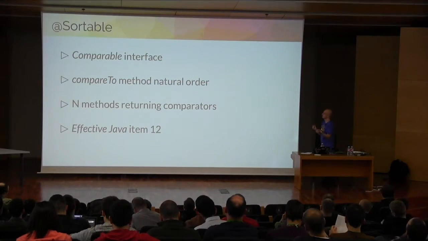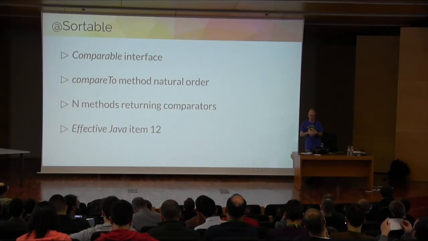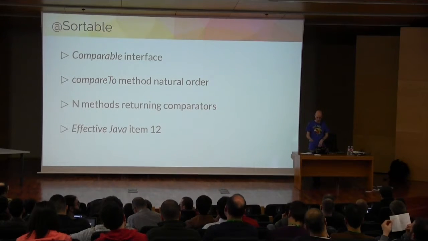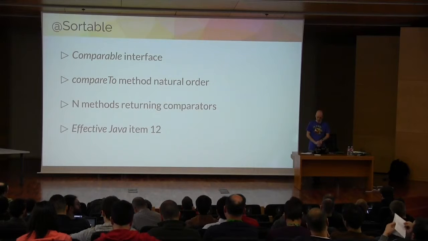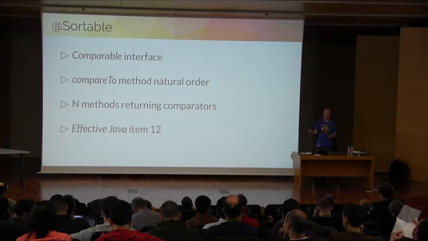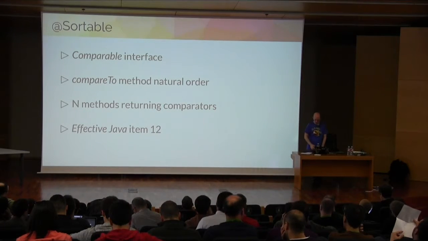So you only need to annotate your class with this annotation and you can now use all these algorithms. And you can customize this annotation with a lot of things.